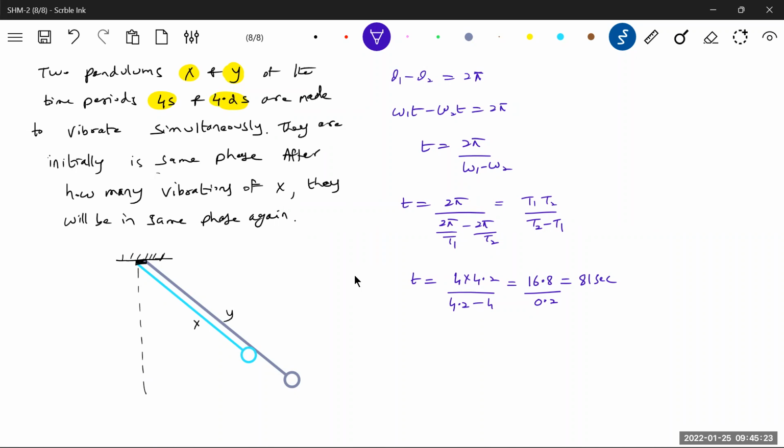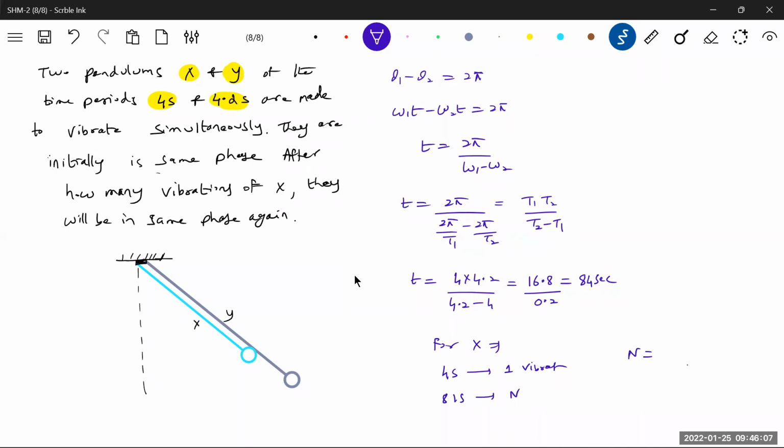But how many vibrations is asked? How many vibrations of X? The X for one vibration will take 4 seconds. For 81 seconds, how many vibrations? So N should be equal to the time taken, no? 84, huh?